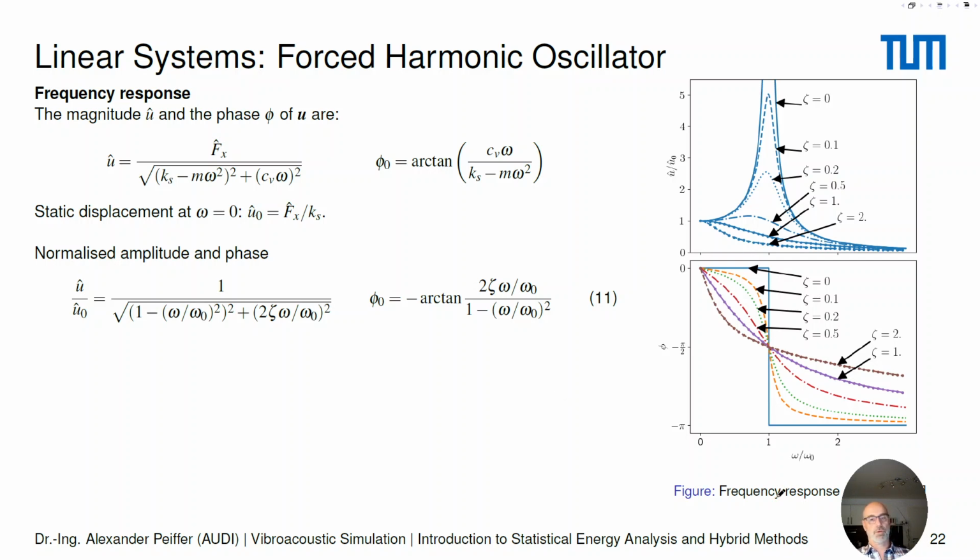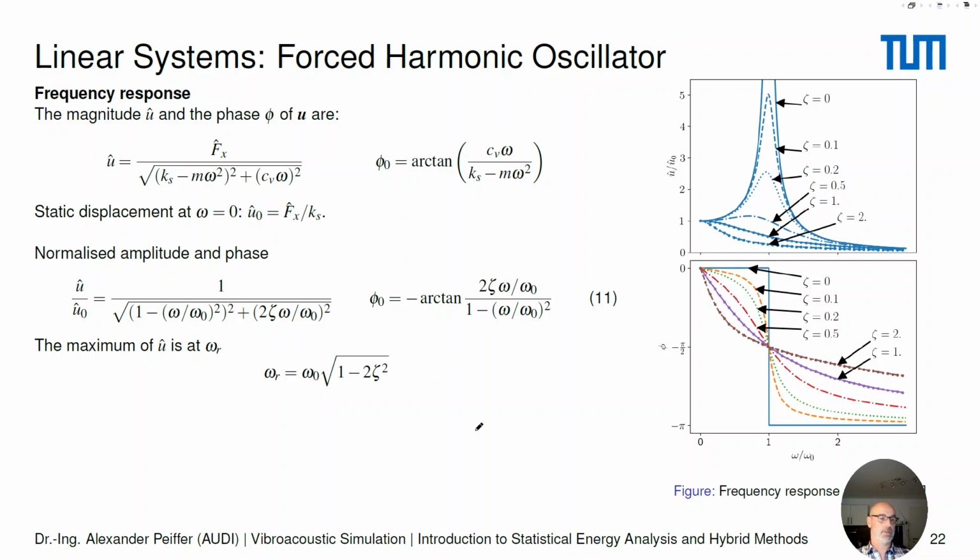And the same is true for the phase. It's nearly a rectangular shape with no damping, but the phase is getting flatter and flatter depending on the viscous damping ratio. Good. The maximum occurs at another frequency as mentioned here, so this is given by this equation.